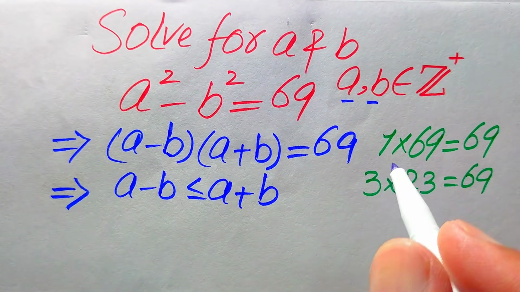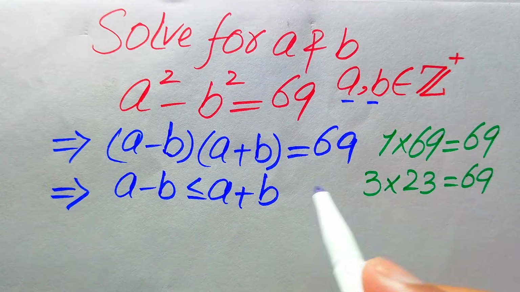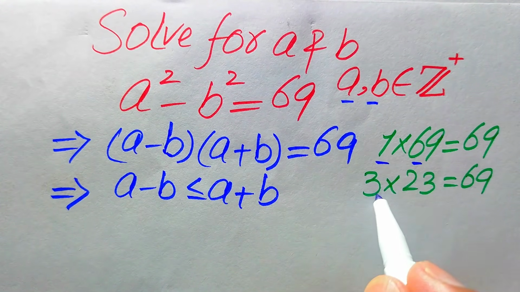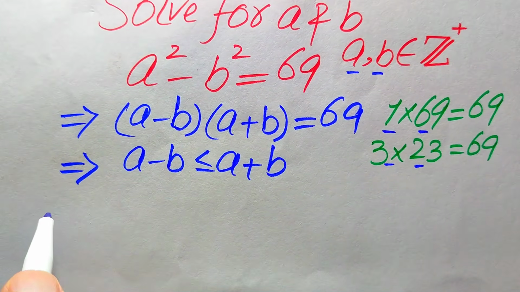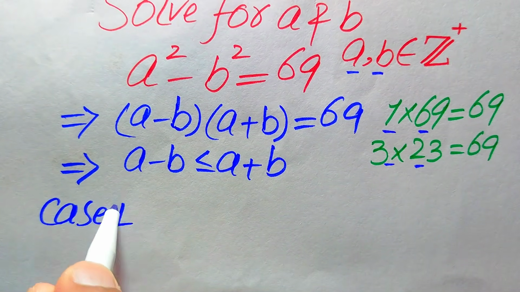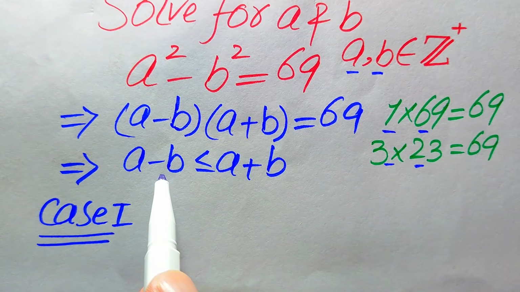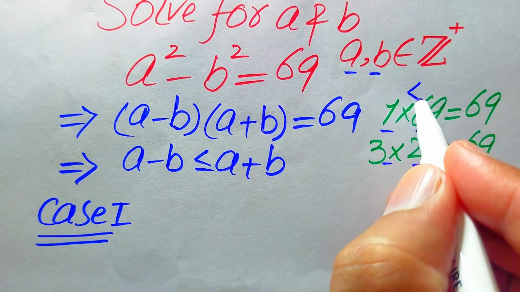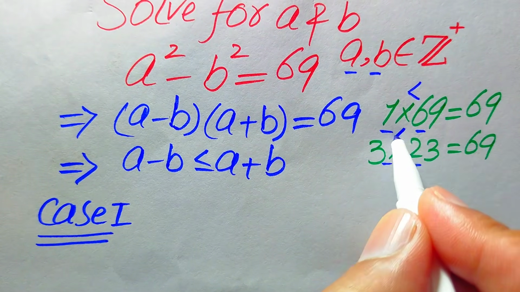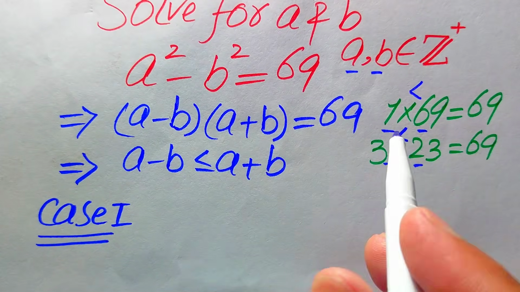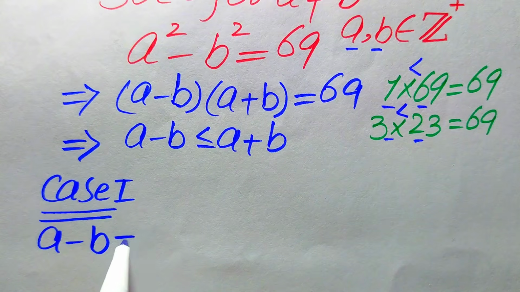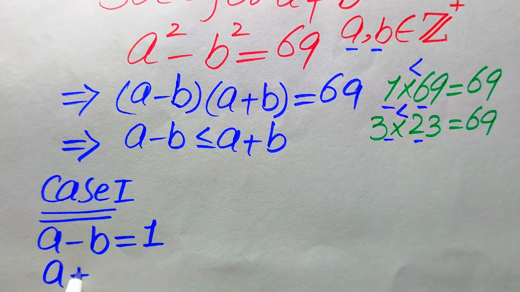So we divide this into two cases by comparing with these numbers. First, case number one: we compare the lesser term with the lesser term and the greater term with the greater term, because 1 is less than 69 and 3 is less than 23. So we get a − b = 1 and a + b = 69.